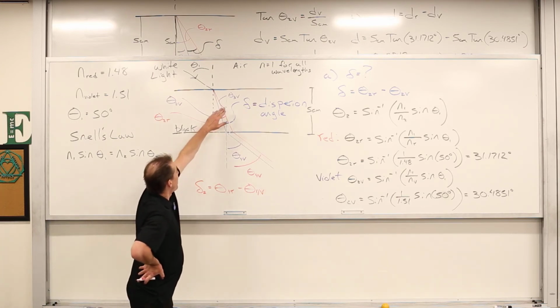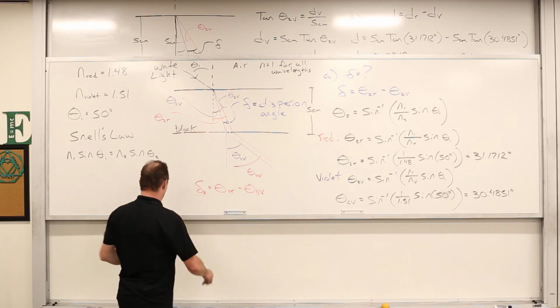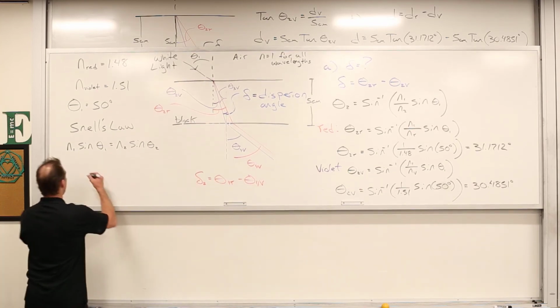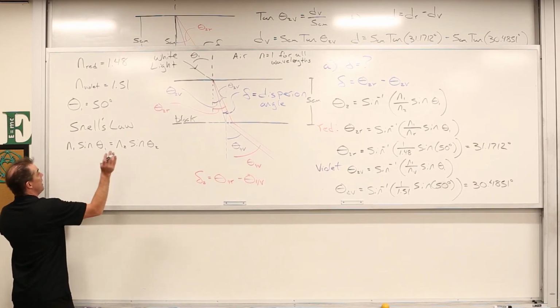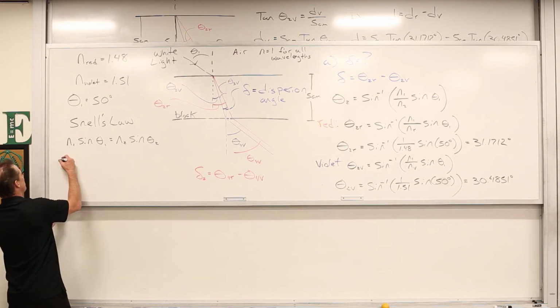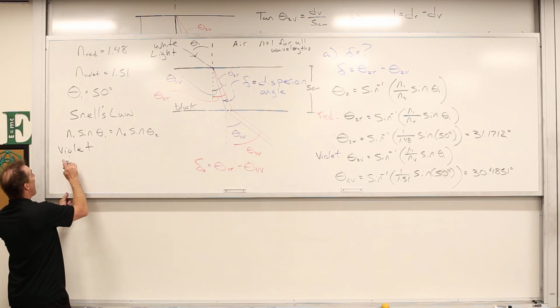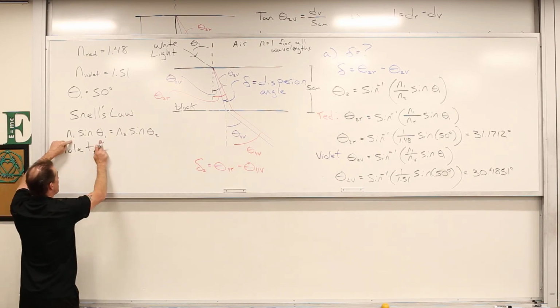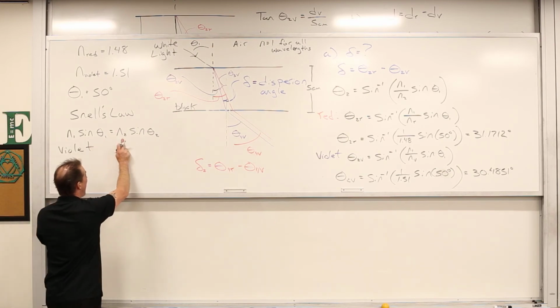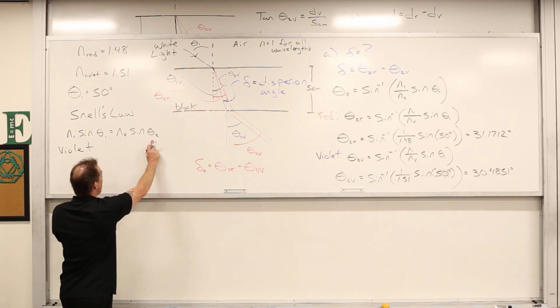Again, we're going from a theta 3 here to a theta 4, so we can write something out in general. Let's do the violet first. We're going from violet at some angle theta 3 back out into air at some angle theta 4.